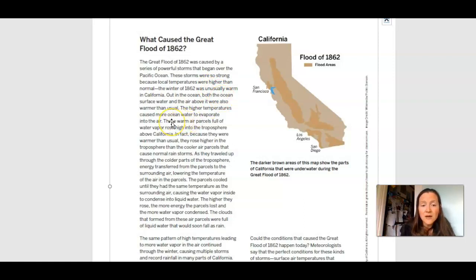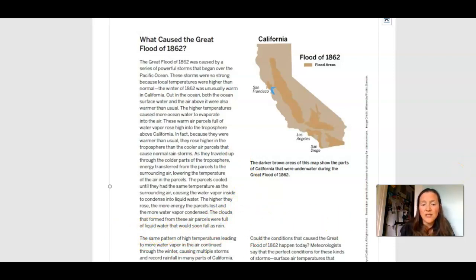And down here it says, the higher temperatures caused more ocean water to evaporate into the air. That's good to know. And these warm air parcels full of water vapor rose high into the troposphere. Because they were warmer than usual, they went up higher than usual, and that caused some more rain. That seems very relevant, and I would want to highlight that information.